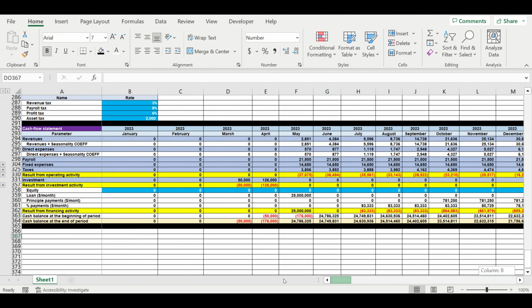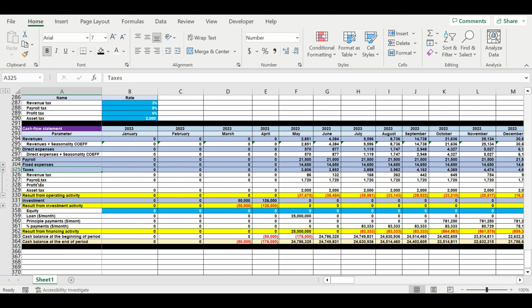And we have a blank space inside taxes for profit tax. So here we will write a very simple formula.